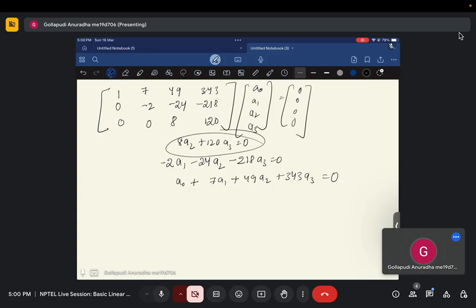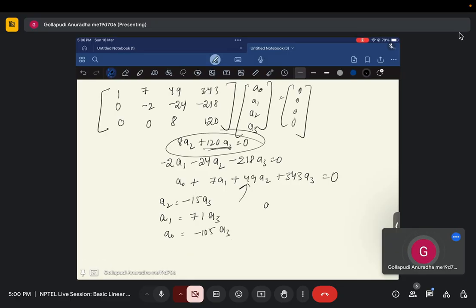Now from this I can say that a2 equals minus 15 a3, and similarly by back substitution I can get a1 as 71 a3, substituting a2 in terms of a3. So a0 will be minus 105 a3.